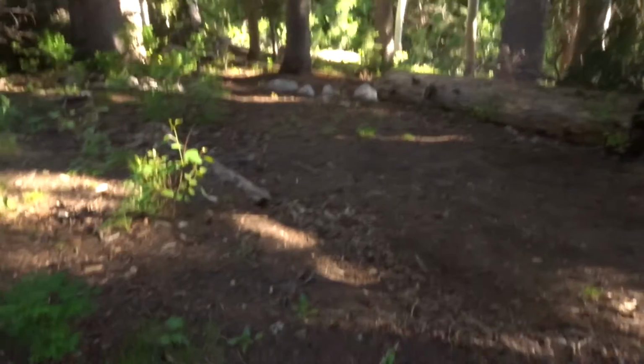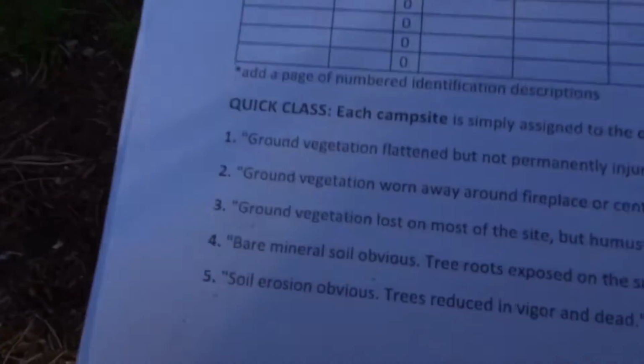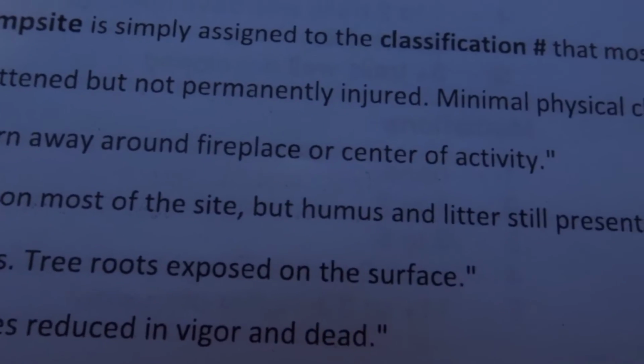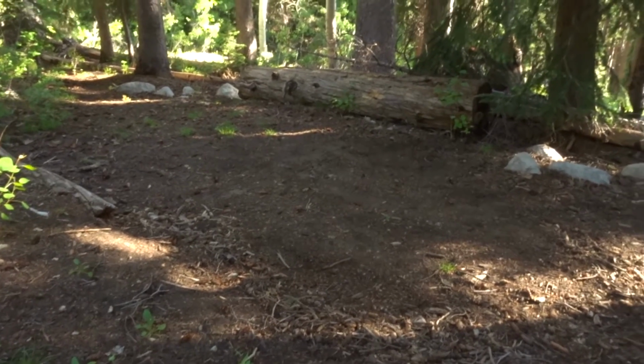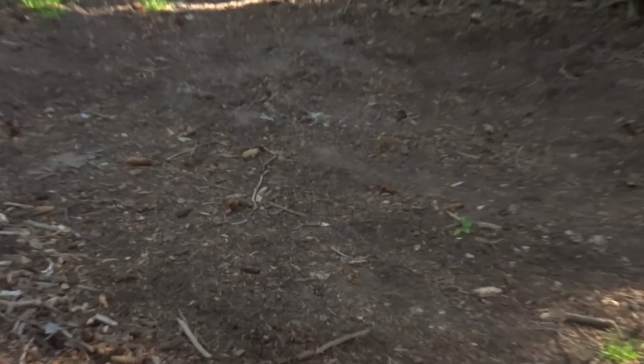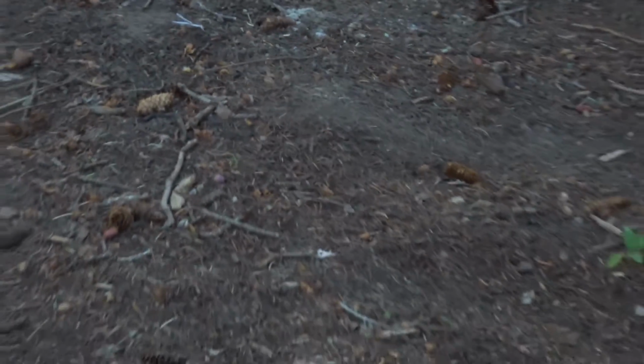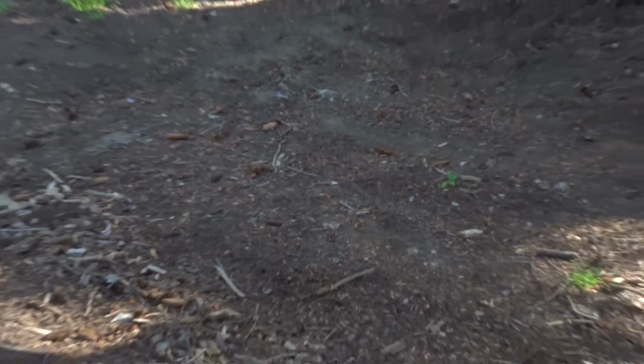So we're getting close. Number 4, bare mineral soil obvious, tree roots exposed on the surface. You know, only right there in the center are we seeing bare soil. Just, yeah, one scuff. So I don't think we need to go that far on our quick class evaluation.